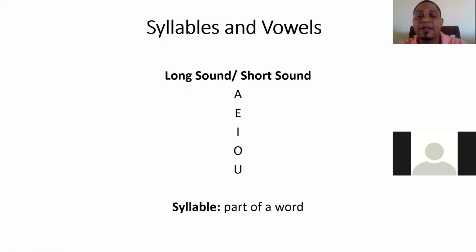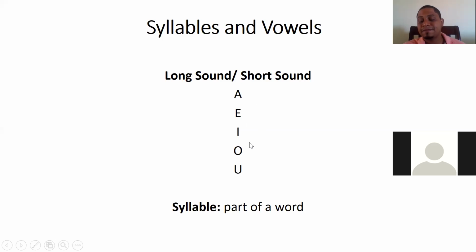For example, the long sound is A, E, I, O, U. That's the long sound. And all of us know it already. But what about the short sound? The short sound, we use it. We say them, but we don't recognize that they are there. So now we're gonna discover what the short sounds for the vowels are.